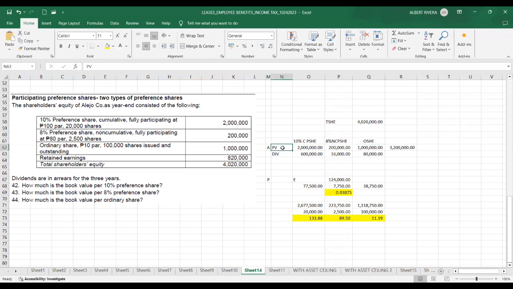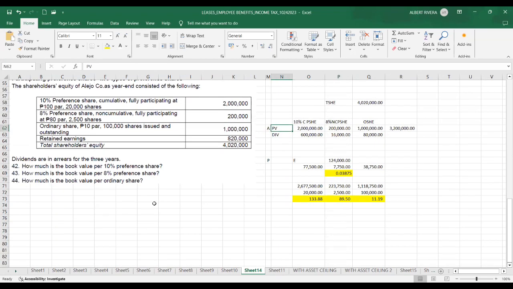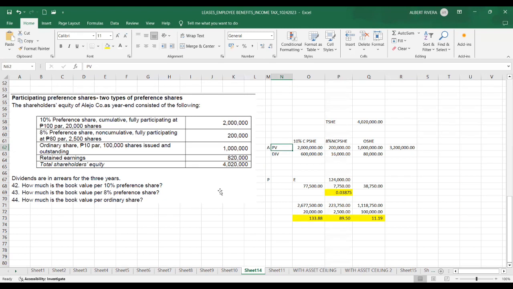So let's have the requirements to compute for the book value per share for these individual securities. Okay. So, kay 10% cumulative, meron bang liquidation value? Wala. So, you will use the par value. Kay 8% non-cumulative, meron bang liquidation value? Wala. So, you will use the 200,000.